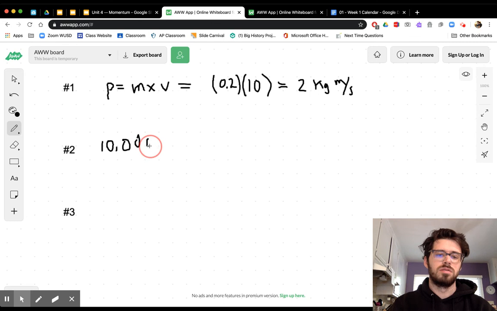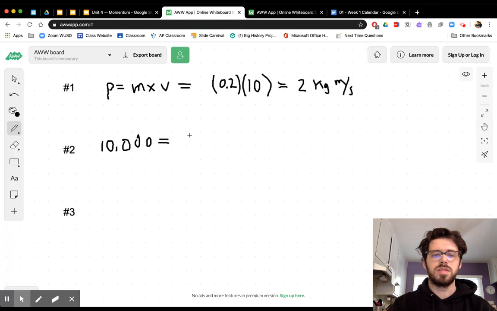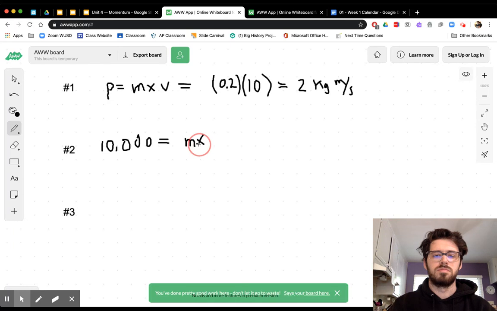Oh gosh. Okay, and just going back, it's moving at a rate of 10 meters per second. So M is unknown.